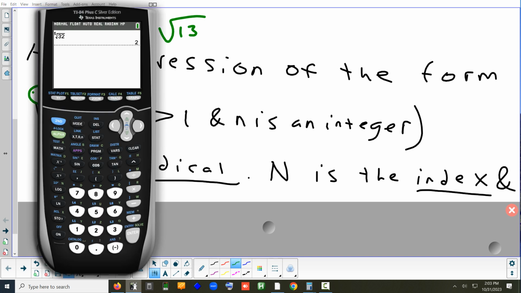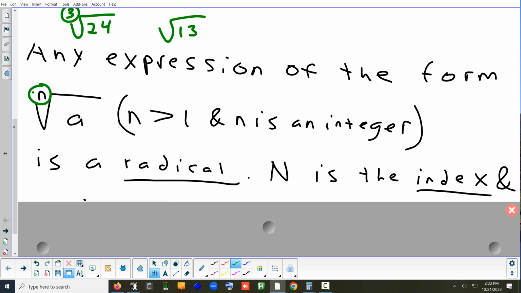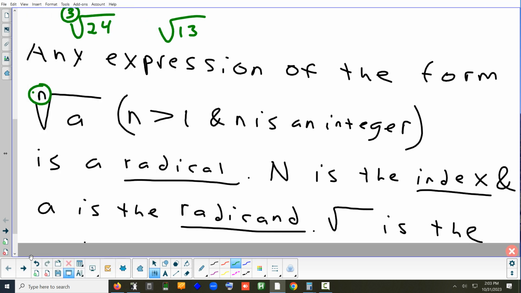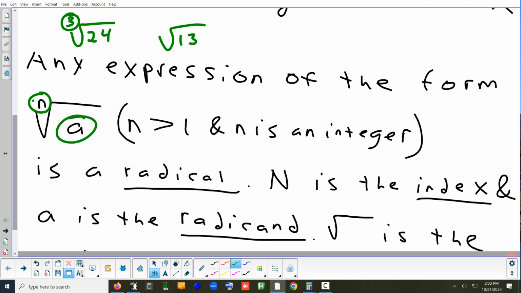In that case right there, it's a 5. And the thing that's underneath the symbol, that is called the radicand. So in this case, the radicand is 24. In the one next to it, the radicand is 13.